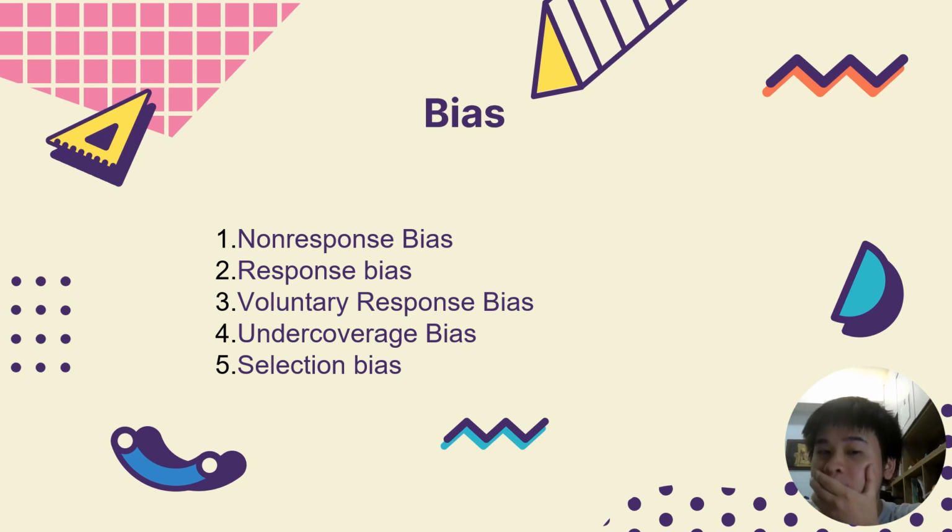Now, response bias is pretty simple. It happens when a participant in a study provides an inaccurate or untruthful response. This is probably the simplest and most frequently happening one. Like when you send out surveys, people just randomly pick answers like they don't care.